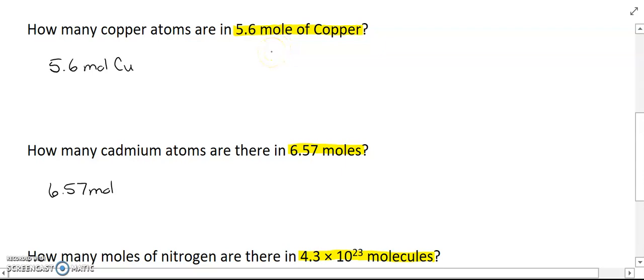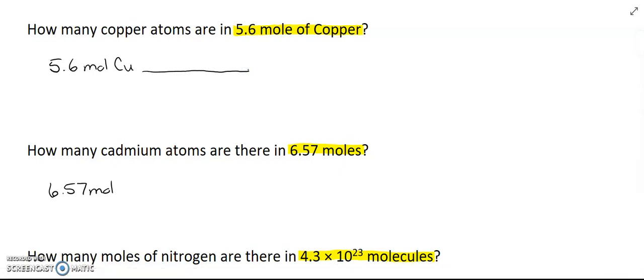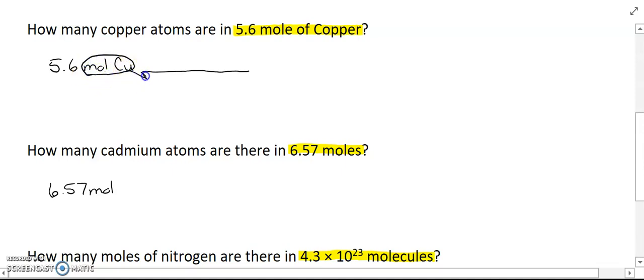But that unit also helps me set up my problem, because for every problem, I want you to draw a line that becomes a fraction line. Now, that sounds scary, but it's not nearly as bad as what it seems, because the unit that I'm going to start with, in this case moles of copper, is going to go to the bottom so that it can cancel out.